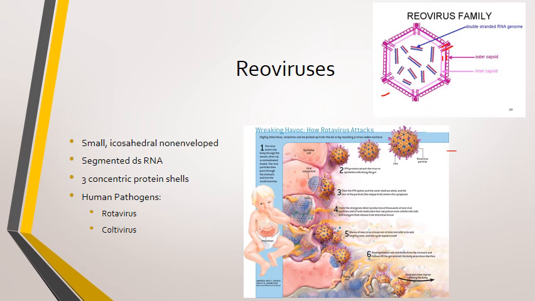Okay, rotavirus causes gastroenteritis. It's particularly virulent in young kids and underweight babies and the elderly. If you got it, you'd have a really bad case of diarrhea, gastroenteritis, and you'd be pretty uncomfortable. But it can cause significant loss of water in infants, and so it's in the kids that we really watch for rotavirus.